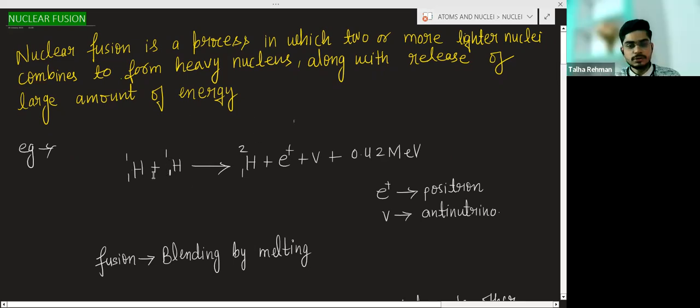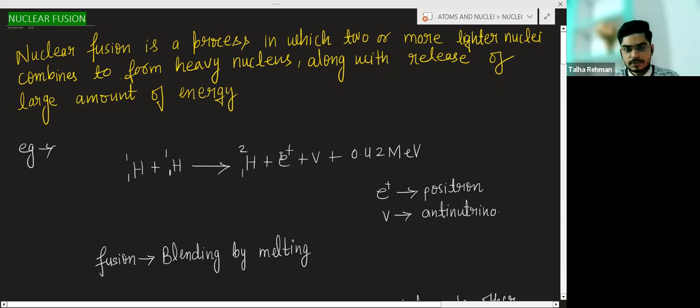So in nuclear fusion, these two lighter nuclei are combining to form a heavy nucleus. This is heavy nucleus as compared to this, and these two lighter nuclei are combining to form a heavy nucleus.